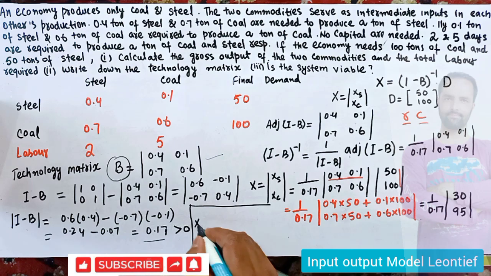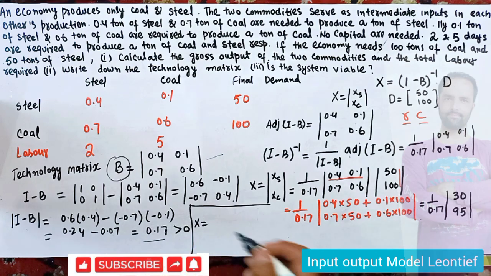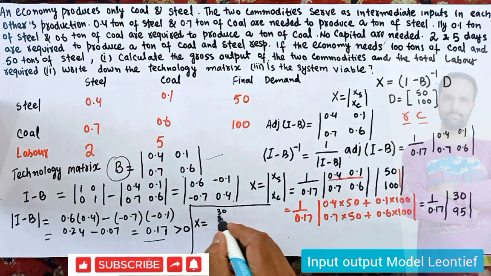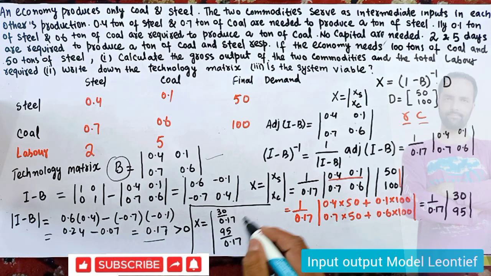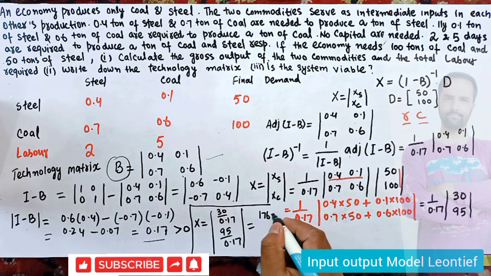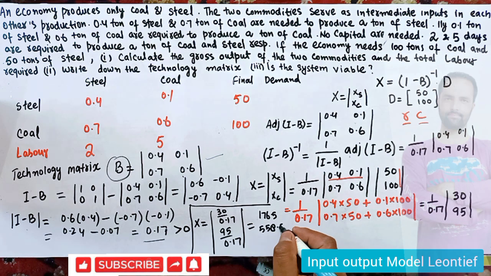That means our x will be equal to this. I have calculated it, and it comes out to be 176.5, and this is 558 point something, I'm not sure what exactly it was.